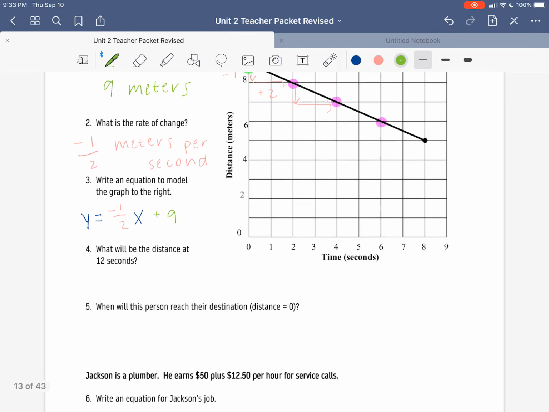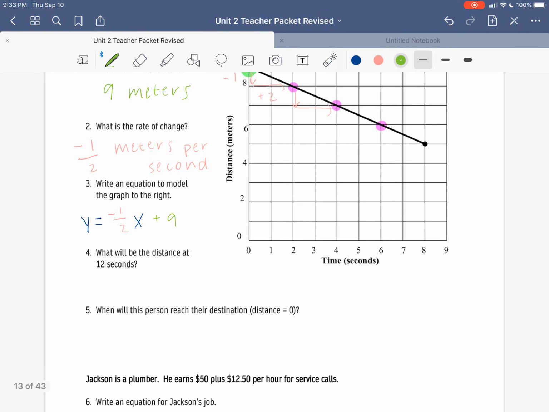And then we're asked to use the equation. So what will the distance be at 12 seconds? So 12 seconds is something that would be graphed along the x-axis because that's where I see seconds. So that's going to be substituted in for x in my equation. So I'm going to say y equals -1/2. I'm going to replace the x with a 12 plus 9.